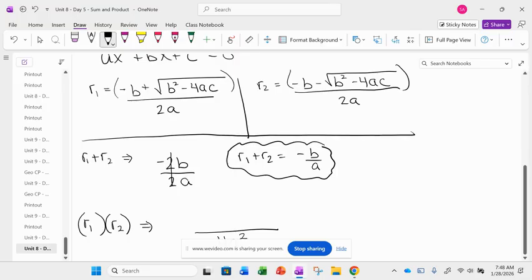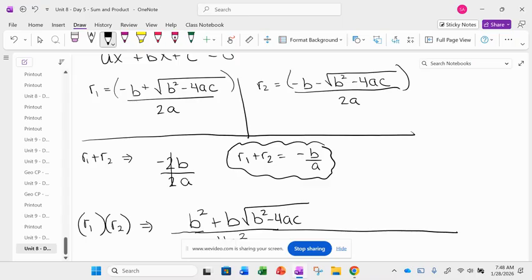So we're going to have a negative b times a negative b is a positive b squared. Then I'm going to have negative b times a negative square root of b squared minus 4ac, which gives me a positive b times the square root of b squared minus 4ac. Now we have a positive root b squared minus 4ac times a negative b, which gives us a negative b root b squared minus 4ac.